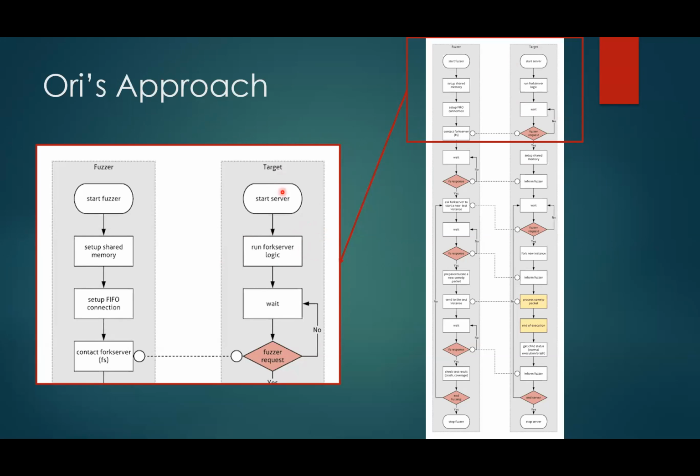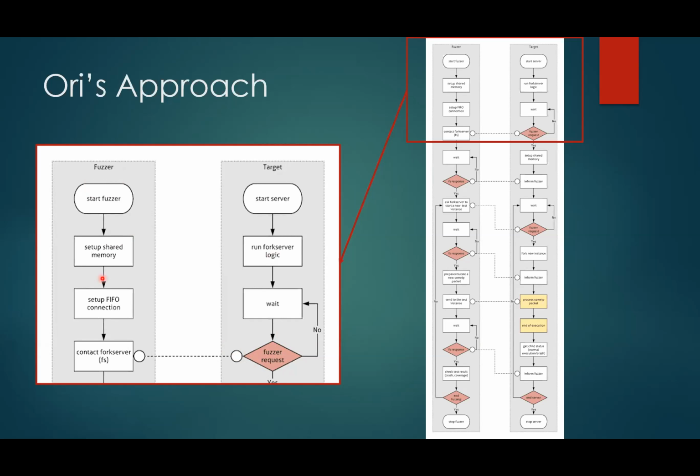First, unlike previous gray box fuzzers, our target and fuzzer can run independently. So first, we start the server. And because we have instrumented the fork server logic into the original program, it will run into our injected code, and it will start to wait for the fuzzer to connect.